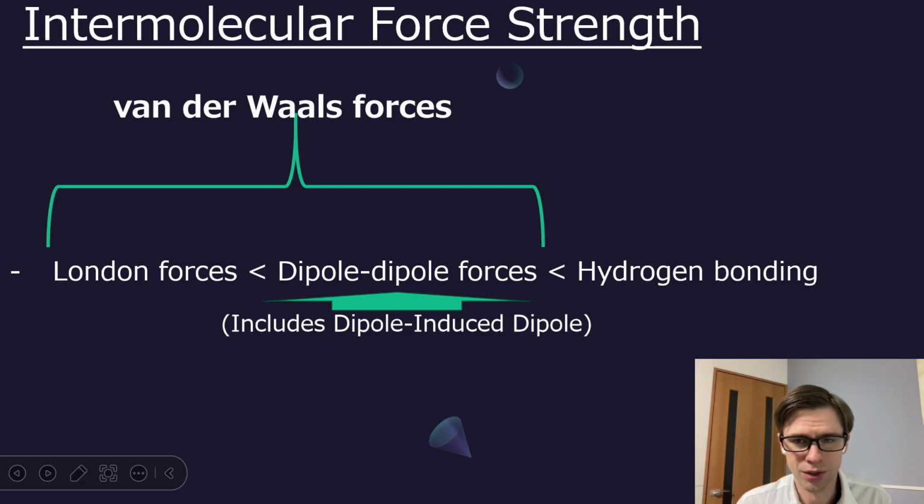I think van der Waals forces is used a little more than London forces and dipole-dipole forces, but for IB we need to know the separation between these, and I have a little greater than or less than sign here. London forces are generally weaker than dipole-dipole forces, which are weaker than hydrogen bonding. So you can also say van der Waals forces are weaker than hydrogen bonding. I've also included here that dipole-induced dipole is a subset of dipole-dipole forces. We'll get to that soon.